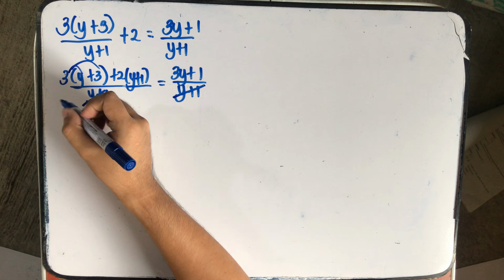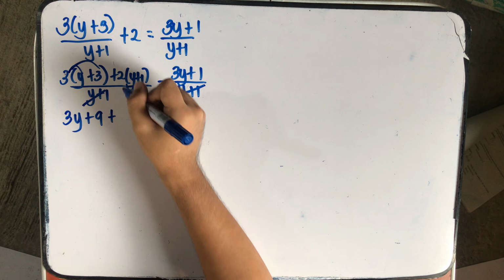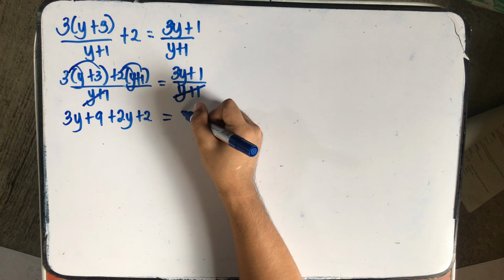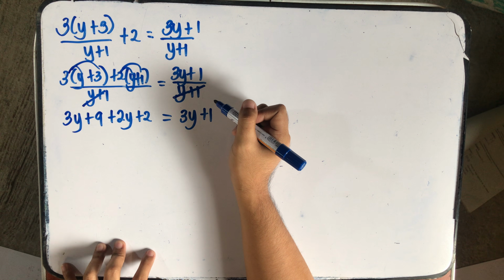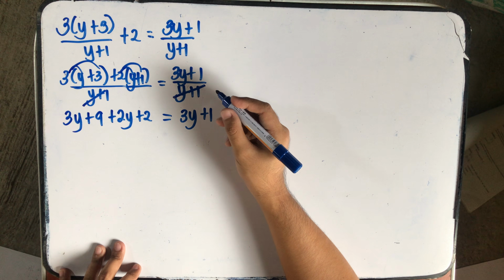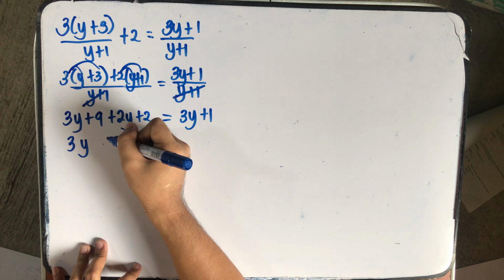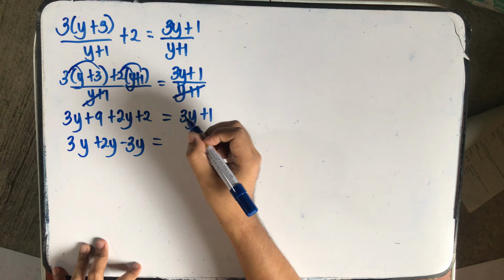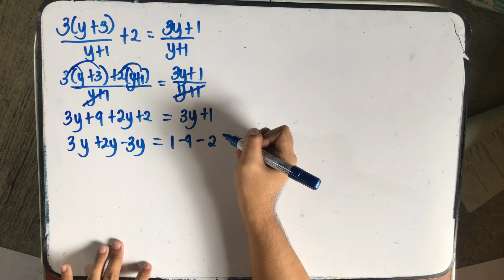Distribute 3, that is 3y plus 9, plus distribute 2, that becomes 2y plus 2 is equal to 3y plus 1. Okay, we need to transfer out all the y's, all the terms that involve y, to the left side and all the constants to the right side, and this becomes 3y plus 2y minus 3y is equal to 1 minus 9 minus 2.